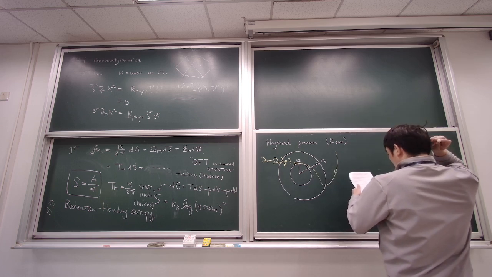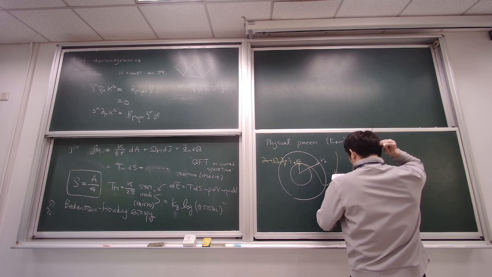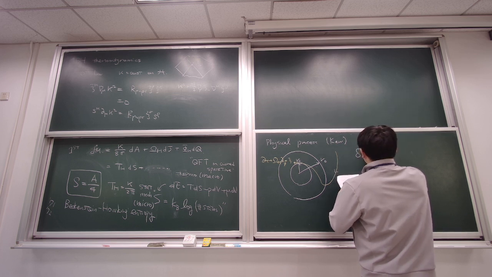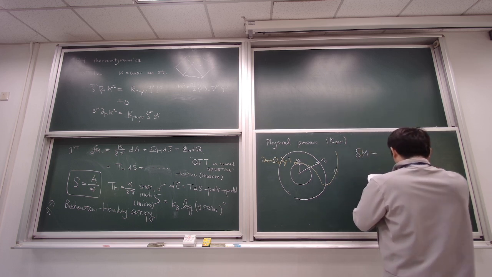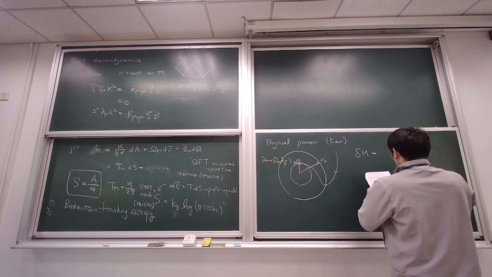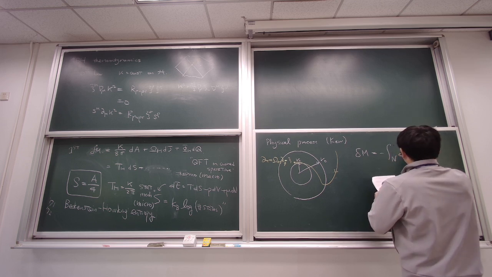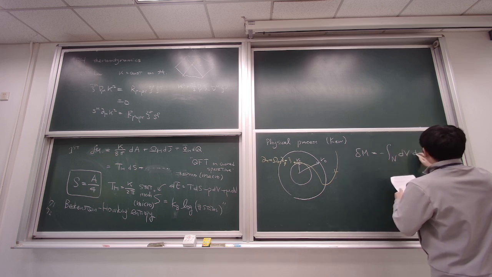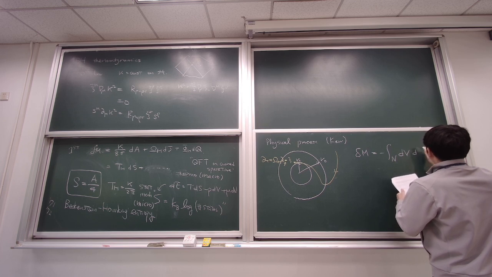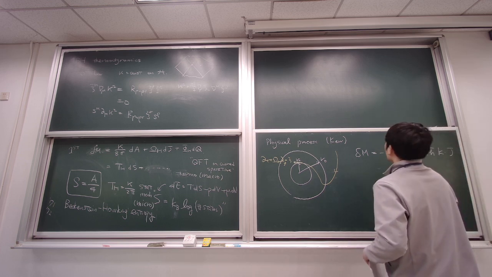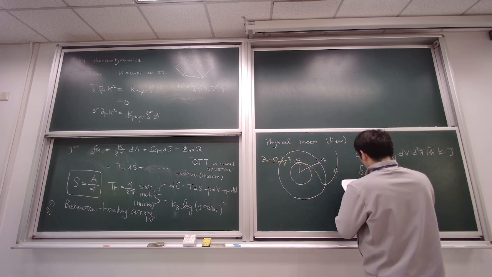So at the horizon, delta m is equal to minus N dV d square y square root h K dot J. So I just need to recall what's the notation.